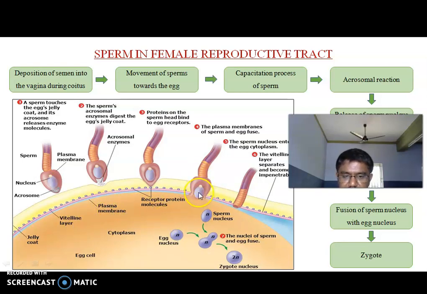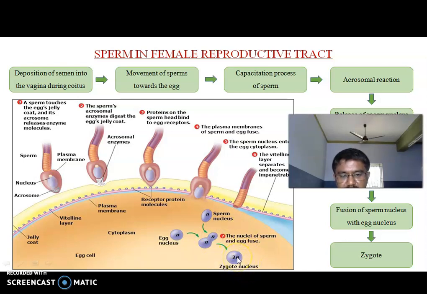After that, through the damaged membrane, the nucleus enters the ooplasm. The male nucleus, with the haploid number of chromosomes, enters the ooplasm. This is the sperm nucleus, this is the egg nucleus. The n egg nucleus and n sperm nucleus join to form a zygote. The zygote has the diploid number of chromosomes, 2n, the zygote nucleus.